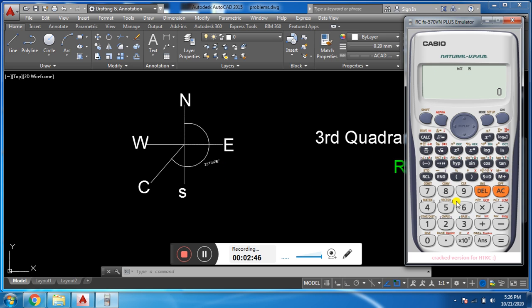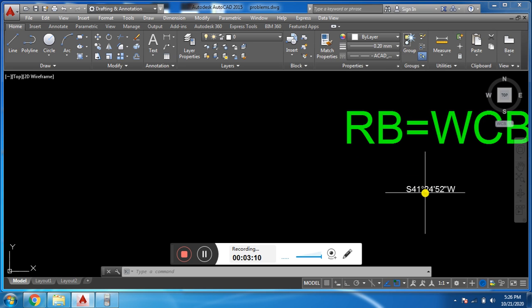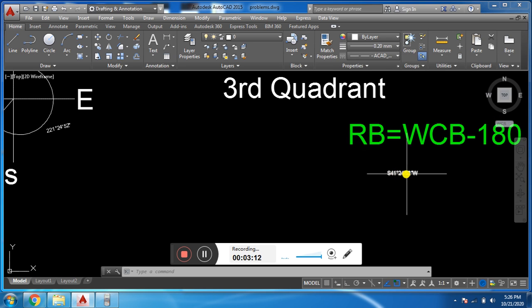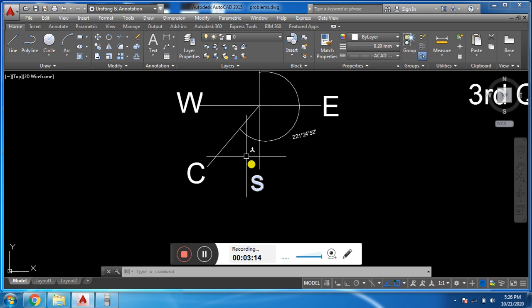We have whole circle bearing 221 degrees 24 minutes 52 seconds minus 180 degrees. We got the reduced bearing in the third quadrant: 41 degrees 24 minutes 52 seconds. We will write it like this: from south to west.